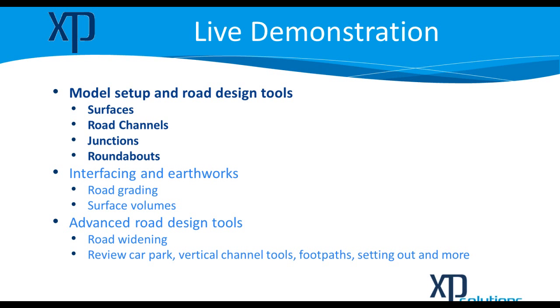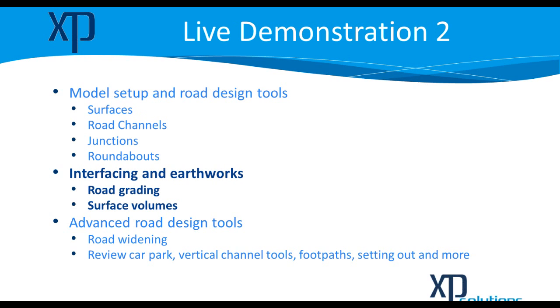So just to summarize what we've done there, very quickly we've set up our model with some roads, junctions and roundabouts, which we've demonstrated some of their automated tools that help to save time in detecting where these should be included, and some of the details of them as well.